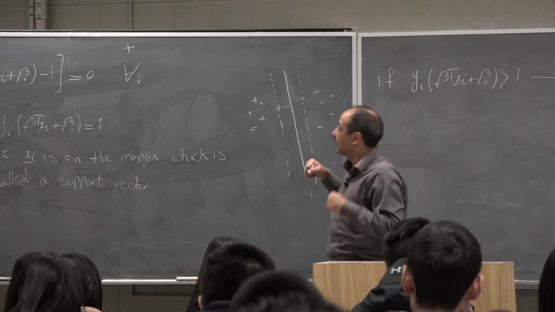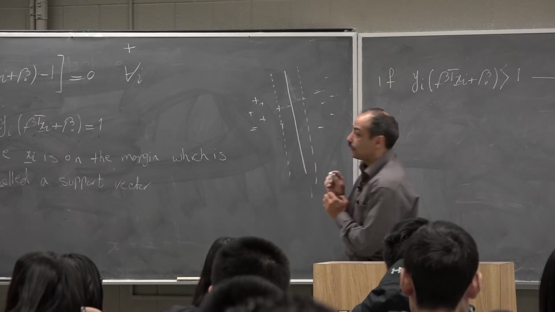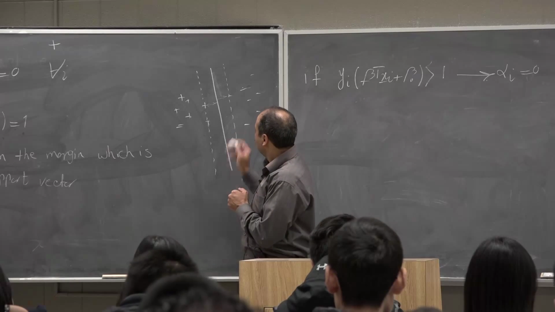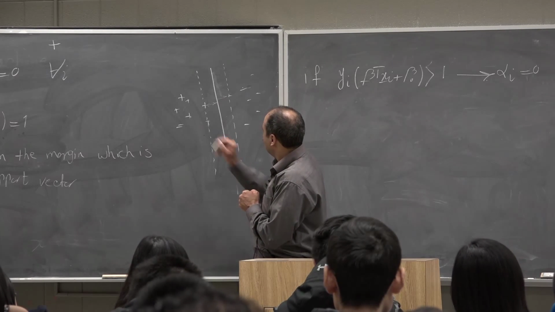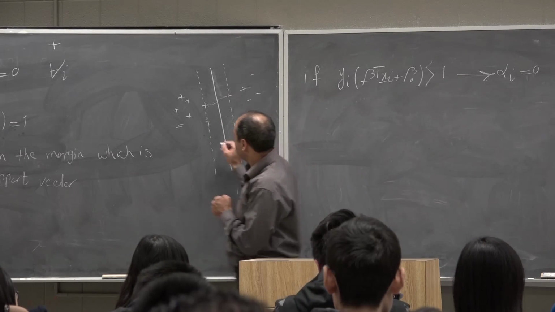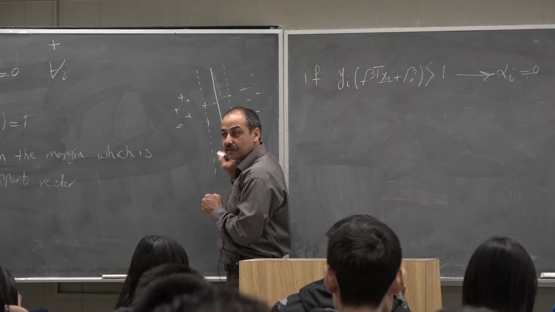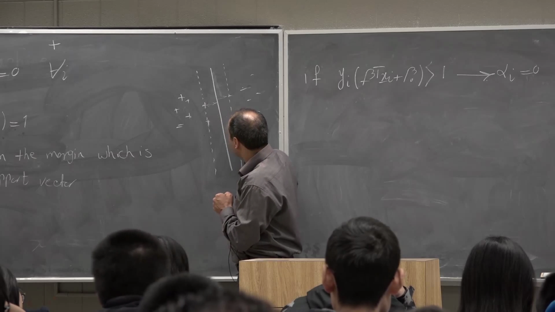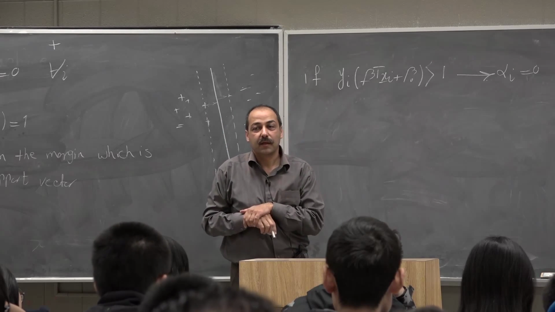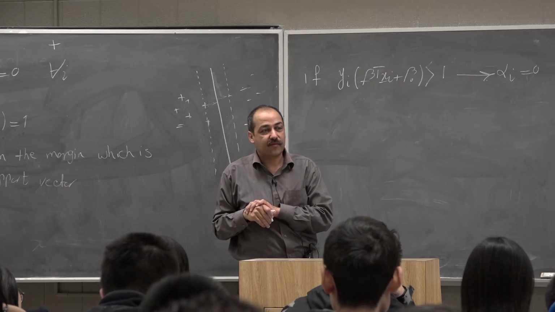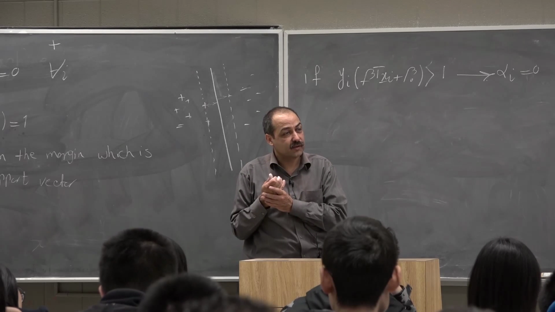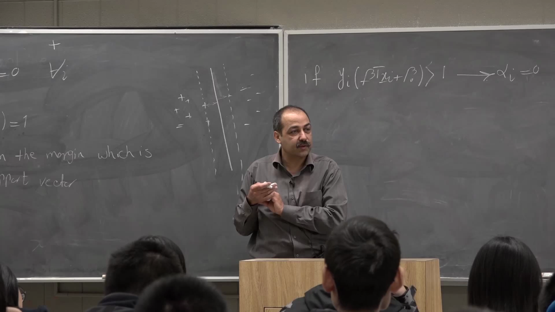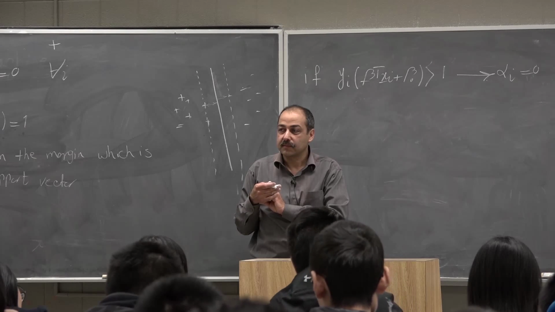But with this optimization problem, it isn't going to happen that way. Support vectors have an effect on my optimization. Other points don't have any effect. It doesn't change the optimization. Okay?